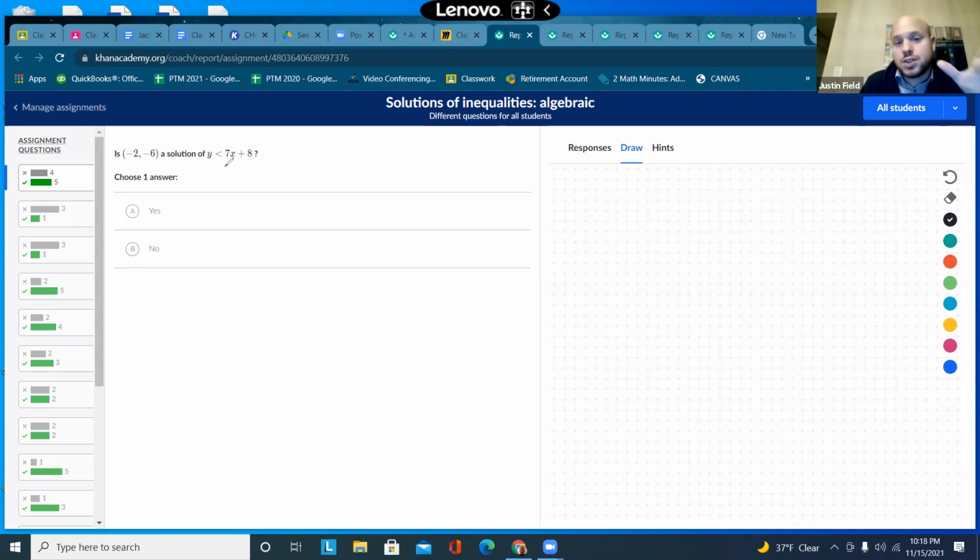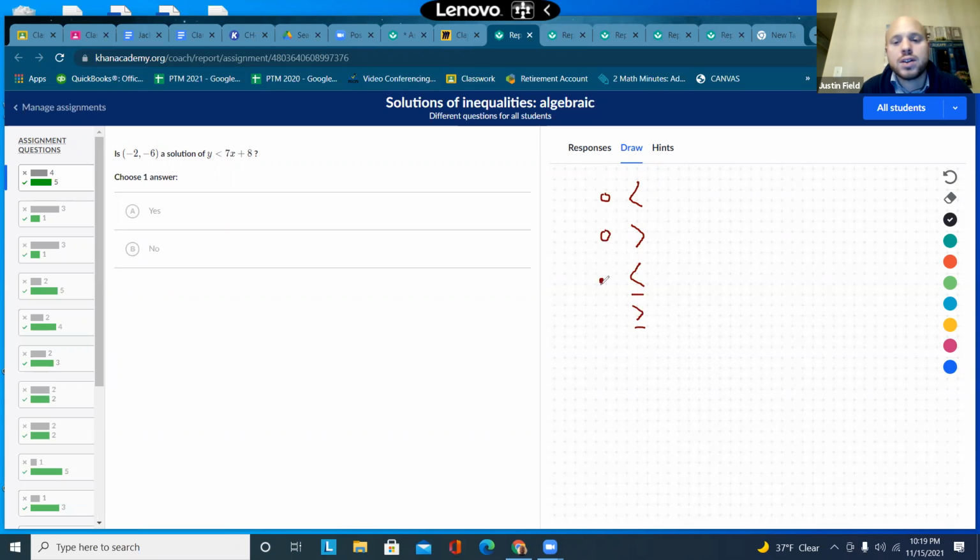Okay, so solutions to inequalities. How is that different than equations? Well, in inequalities we have less than, greater than, less than or equal to, and greater than or equal to, right? And these two have an open circle.